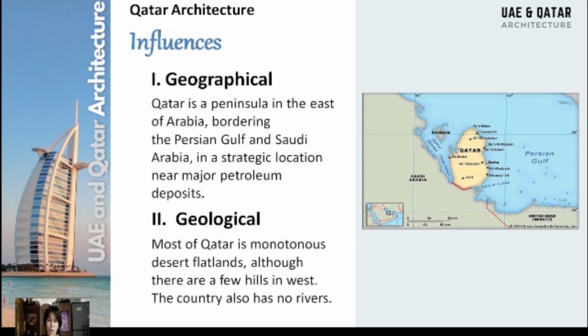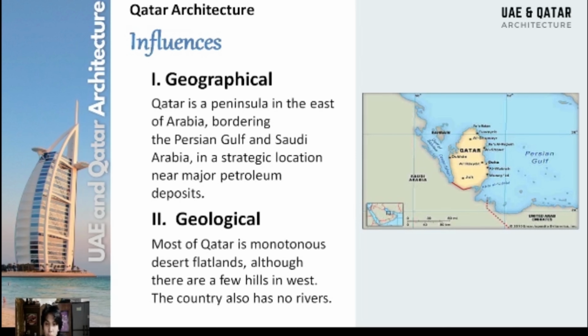So here in Qatar architecture, we know the geographical aspect is that it is a peninsula in the east of Arabia, no? And bordering, as you can see in the map, the Persian Gulf and Saudi Arabia in a strategic location near major petroleum deposits.